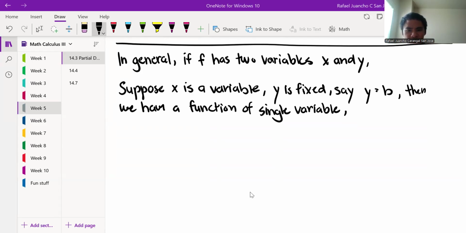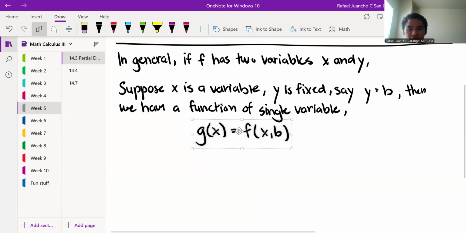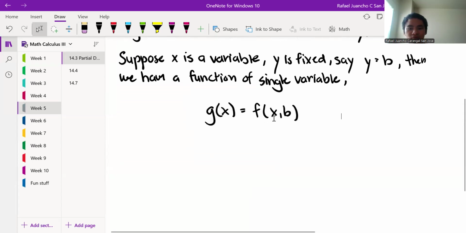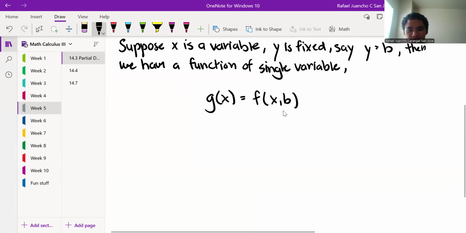So we say that's g of x, which is f of x, comma b, right? So here the idea was b is some constant number. Here x is a variable. And let's say if g has a derivative at a, then we call it the partial derivative of f with respect to x at a, b, and denote it by f sub x of a, b.